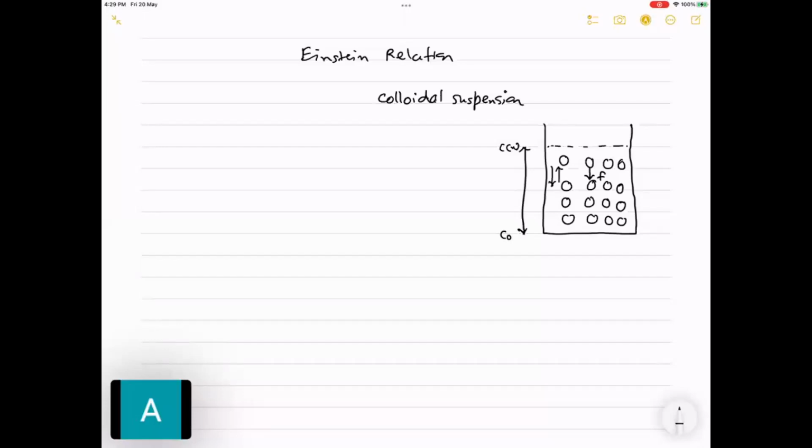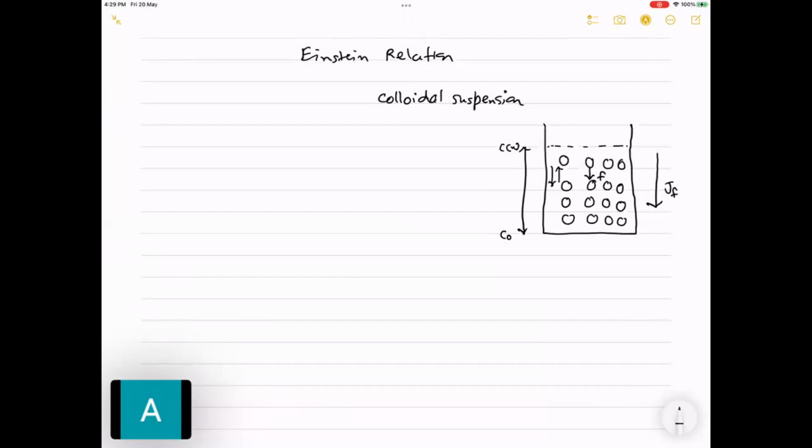Now, if some force F is acting on this particle, we can write down the expression for the current that will be there due to this force. This force, which can be gravitational force or a combination of many other forces, will try to drive the particles downward. And we know that this is a colloidal suspension. What will happen in this solution? Since particles are coming downward, there is also thermal energy, right?